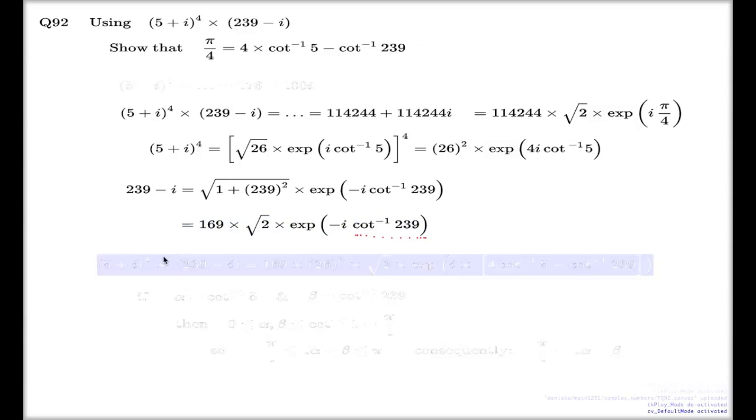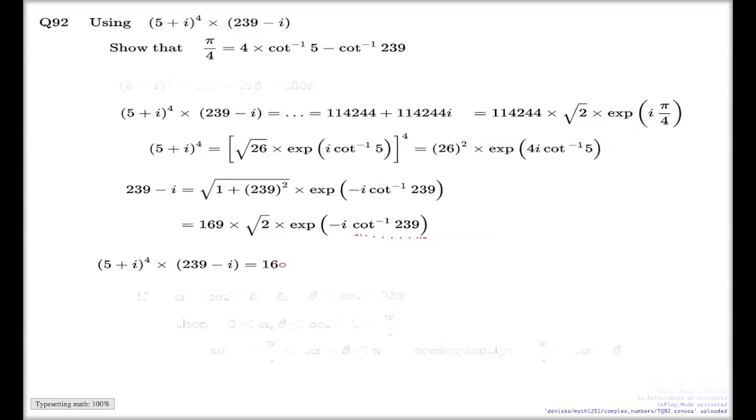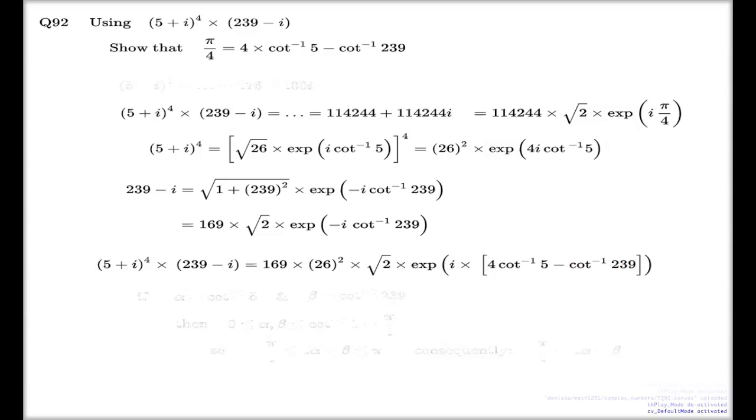So here we go. If I multiply now, we're almost done. We know how to multiply two numbers in exponential forms. We multiply the moduli, and here is a combination of the arguments. So now we have a temptation to identify this argument with this argument, but there is a catch.